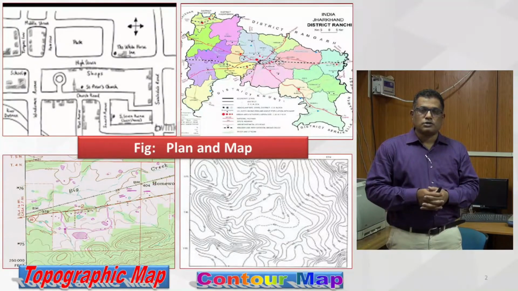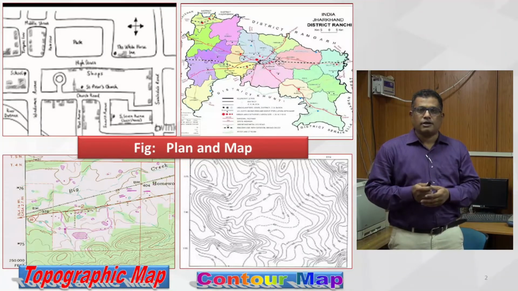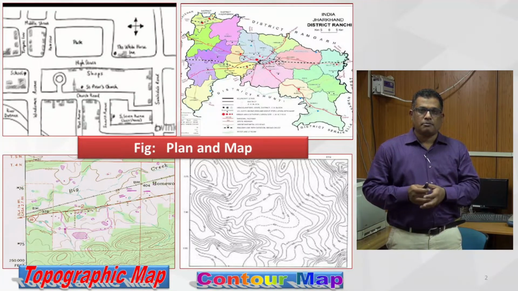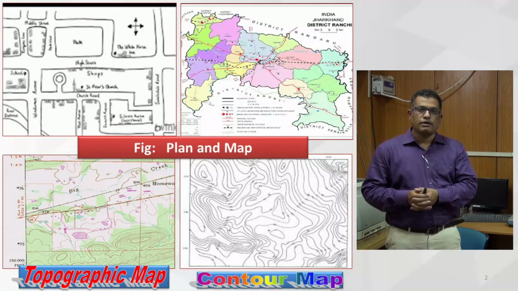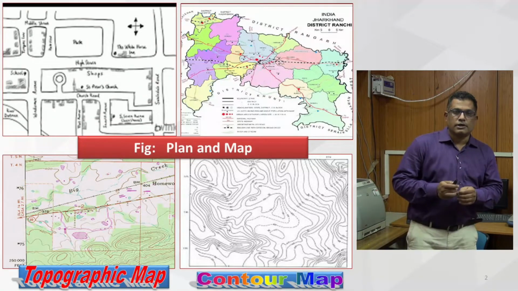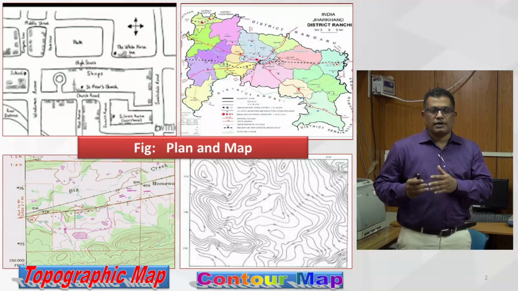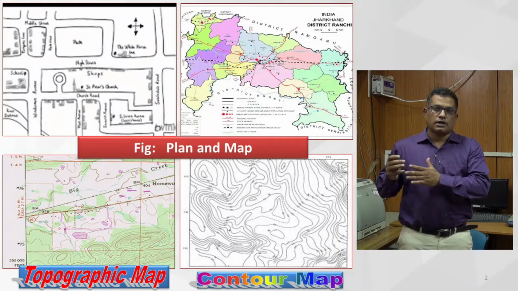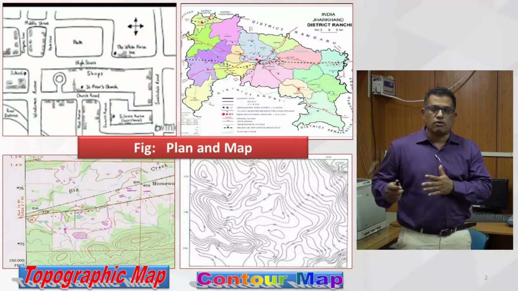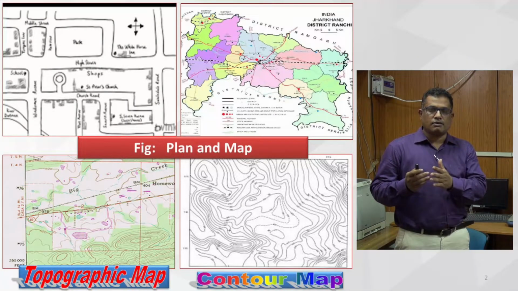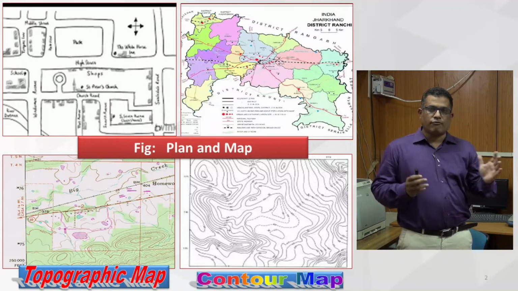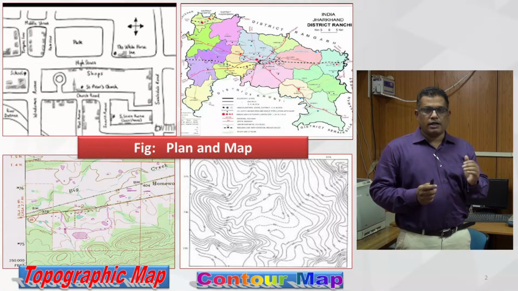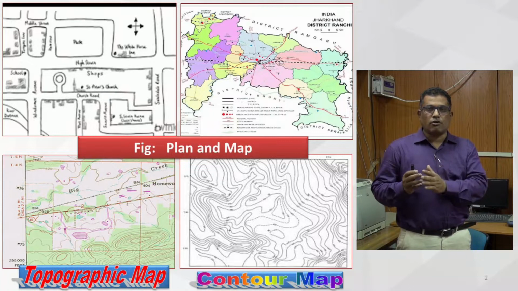Talking about contours, first we have to understand what a plan and a map are, and also scale. What is a scale? Scale is the ratio showing that every point in a map represents the corresponding point on the ground. In every map, in the left bottom side, you see the scale of the map.